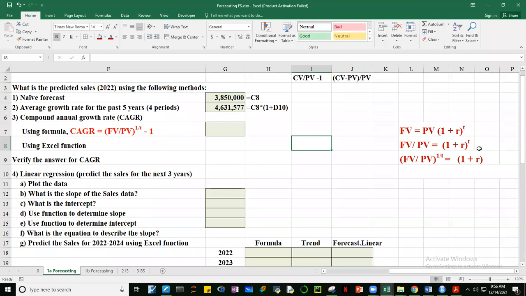Pag rinaise natin sa 1 over t yan, rules of exponent, t times 1 over t, magka-cancel out si t. But what we do on the right side, you also do on the left side. So FV over PV raised to the 1 over t, so that's equal already to 1 plus R. Okay? And then lastly, guys, we just transpose 1. So that's now the formula for R, which is the formula for your KGAR.